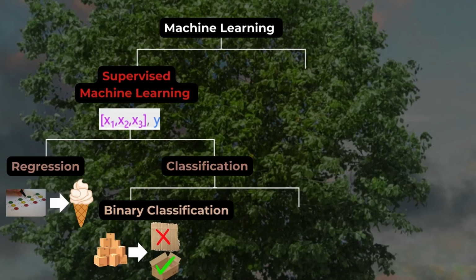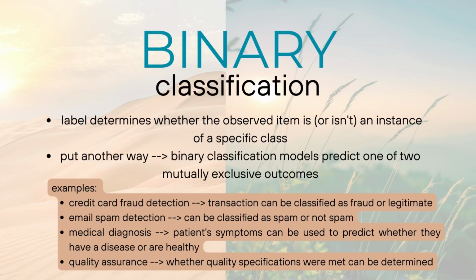Next, we have classification, which is also connected to supervised machine learning, in that we have binary classification, first up. So binary classification determines whether the observed item is or isn't an instance of a specific class. Put another way, it predicts one of two mutually exclusive outcomes.